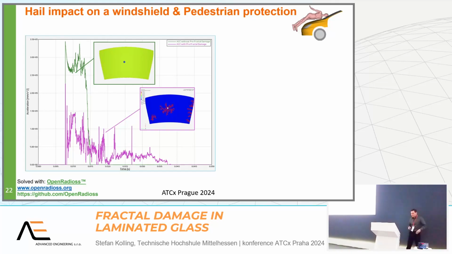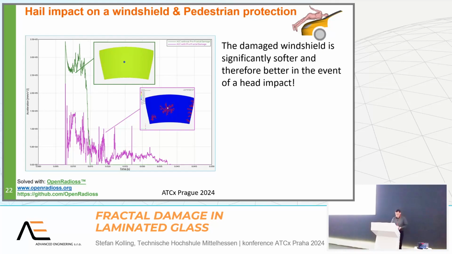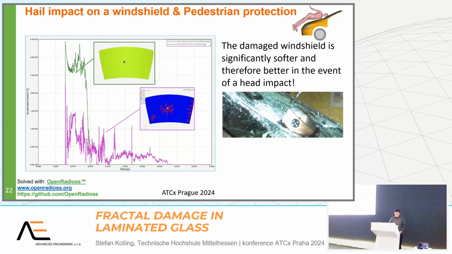So clearly, in the case of pedestrian protection, the pink curve is preferable. So yeah, the damaged windshield is significantly softer and therefore better in the event of a head impact. And a head impact, this is a head impactor in the automotive industry.